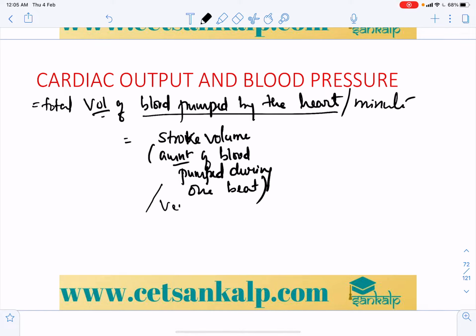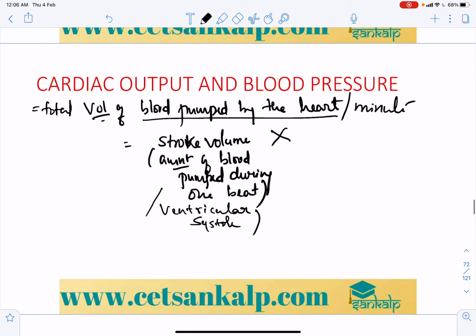So cardiac output is stroke volume into the total number of heartbeats per minute.